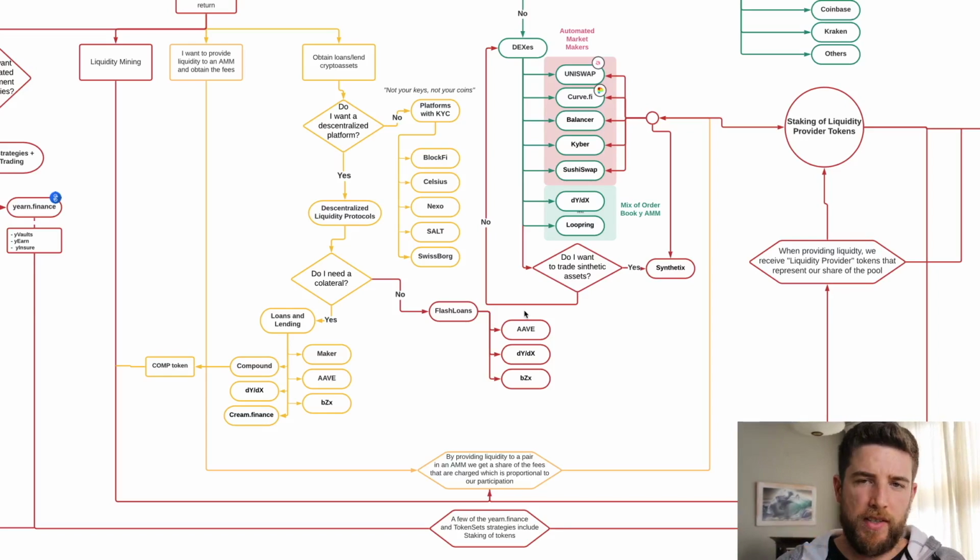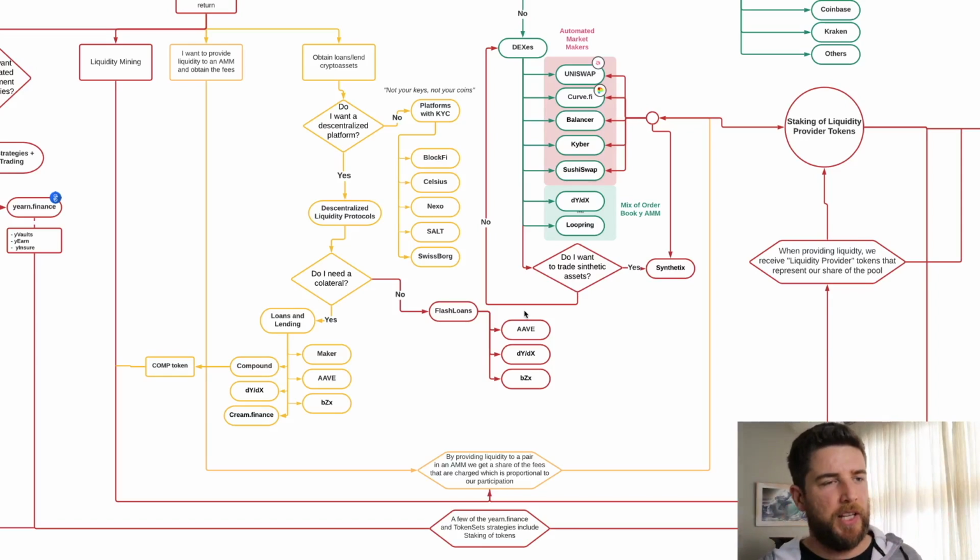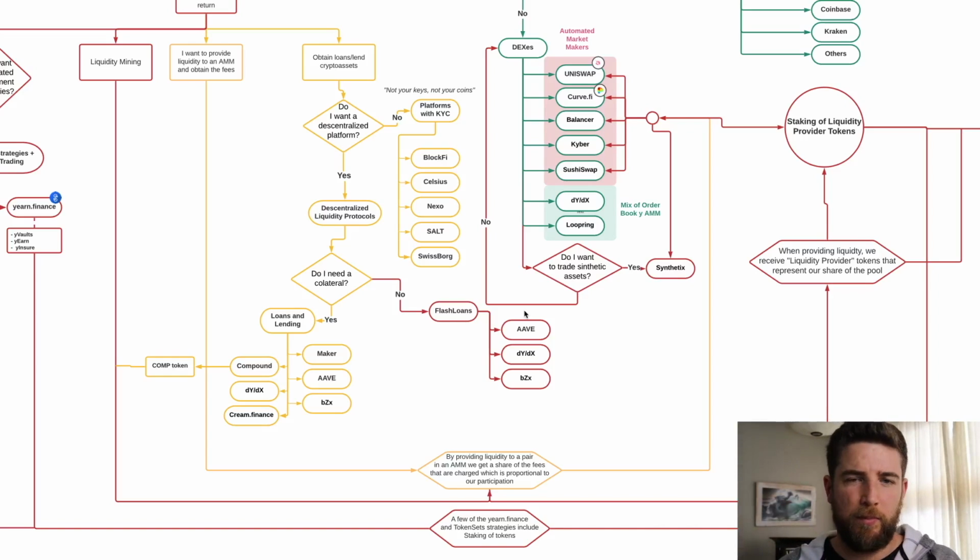It's quite a crazy concept, but basically you take the loan, you do something with that money, usually an arbitrage. So you go to another platform, trade some crypto and then sell it back, and you somehow make a profit, and then you repay the original loan in the same Ethereum transaction.